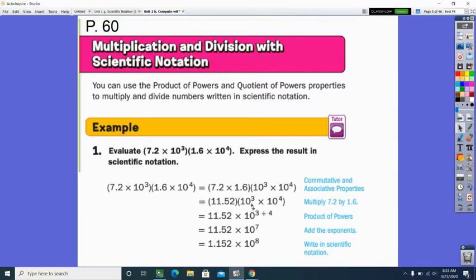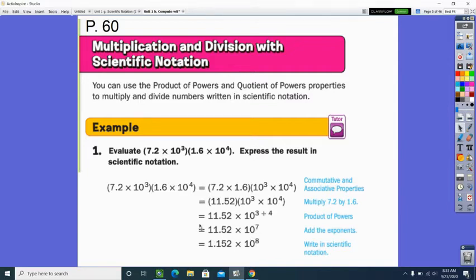Now I'm going to talk about the powers of 10. Here's why we had to talk about multiplying powers. When you multiply common bases, you write the base and add the exponents. Do you remember that from a couple sections ago, 1D, multiplying and dividing exponents? So you would end up with 11.52, multiplying the numbers in front, times 10 to the 7th, adding the exponents.